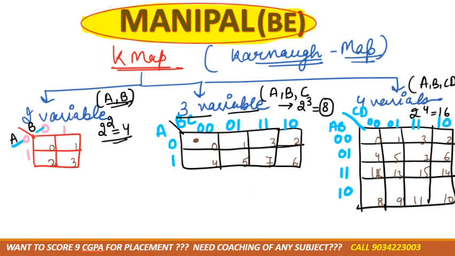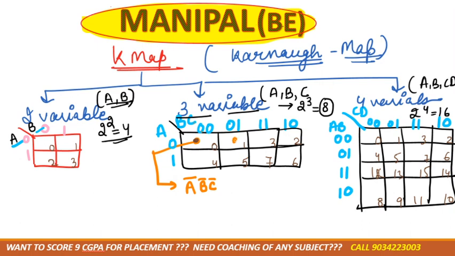So back to the question. Suppose in this particular box, A is 0, so A would be A bar, right? And we'll have B as 0 and C as 0, so it will also be B bar, C bar, correct?